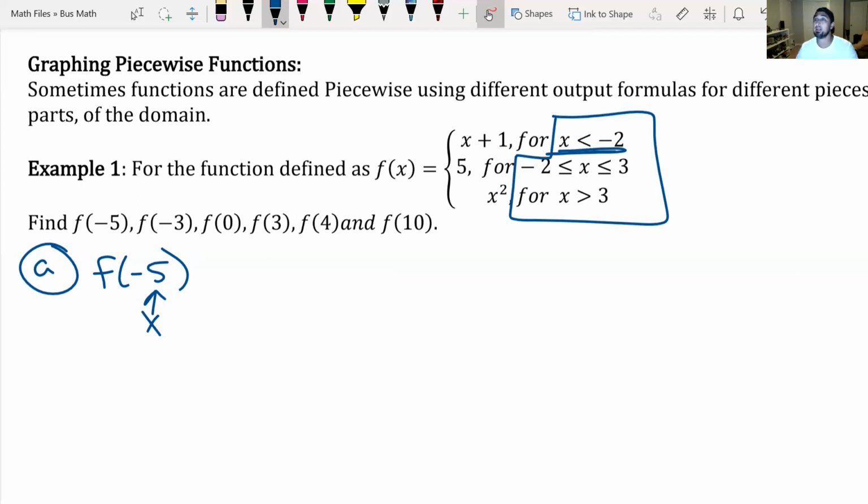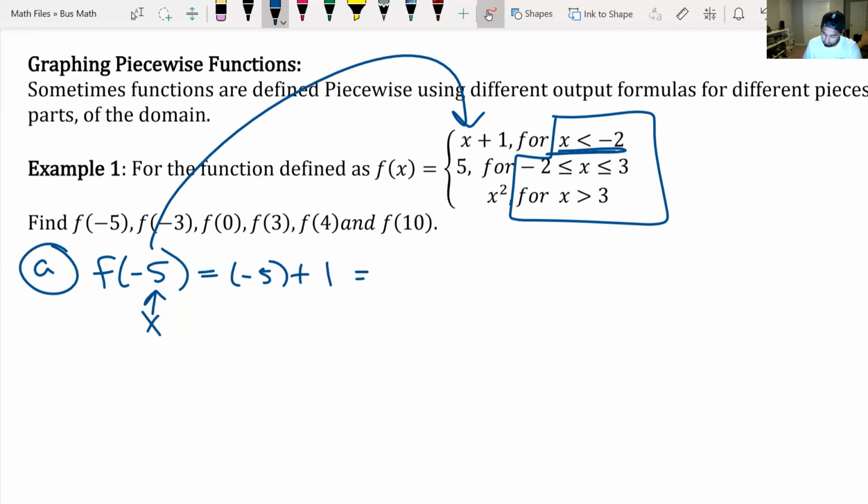And that answer is yes. Since -5 is less than -2, we get to substitute -5 into x plus 1. So that's all we have to do. This becomes -5 plus 1, which will give us -4.